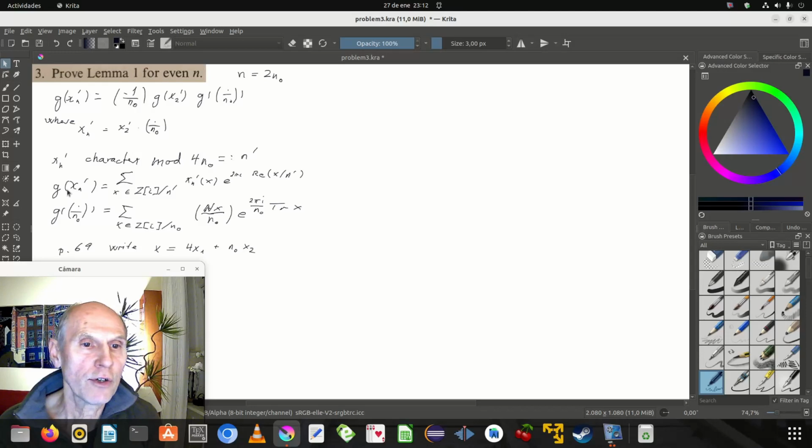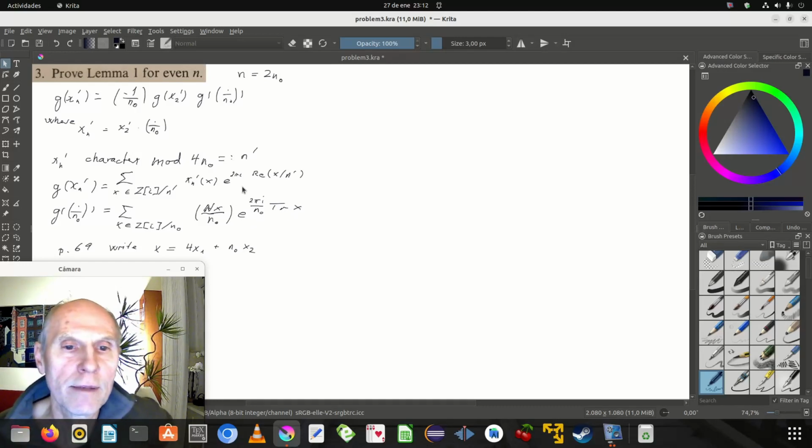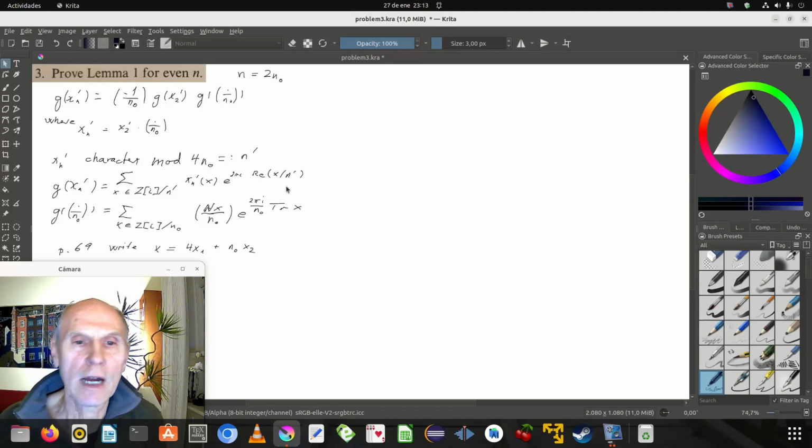And the definitions of g of chi n mark and g of the Dirichlet character, how that's defined. It's slightly different as we see, or rather the linear character or additive character is different.